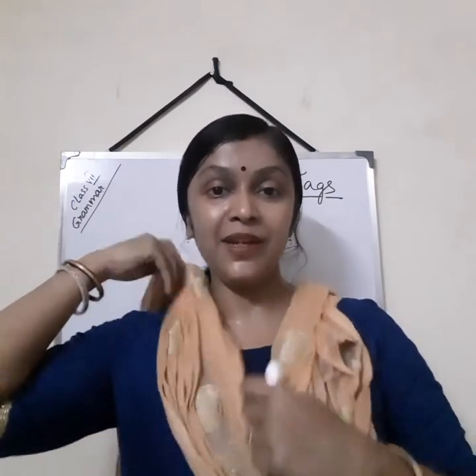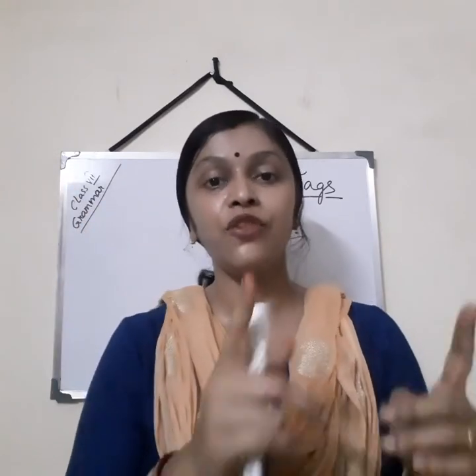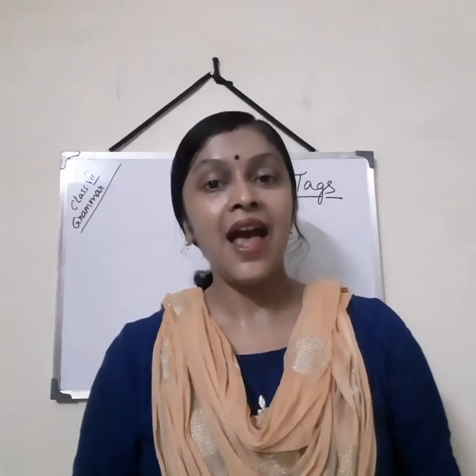Now the second one is you are not upset, are you? Like this we can understand that the auxiliary will be the same, and for positive statement a negative question tag, for negative statement a positive question tag. Remember these details, and with our knowledge let us proceed into the exercise which is given at the end of the chapter.